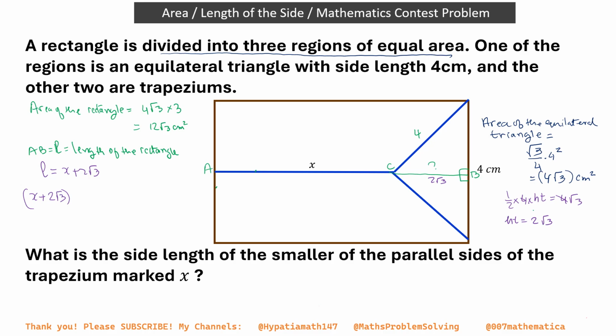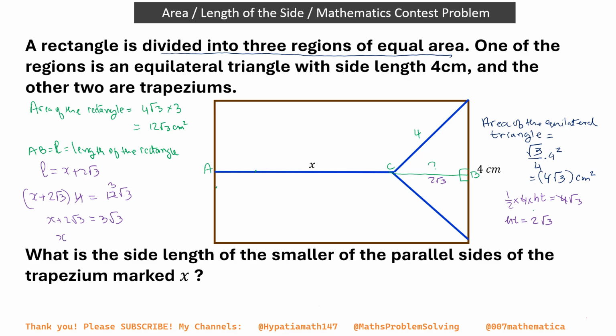So multiplied by 4 should give you the area of the rectangle, which is 12 root 3. So 4 times 3 is 12. So I can write x plus 2 root 3 is equal to 3 root 3.